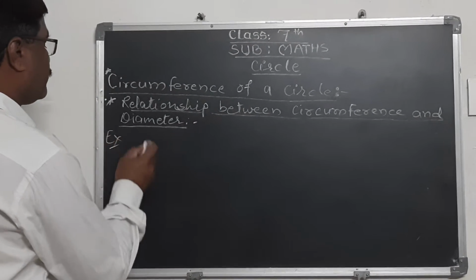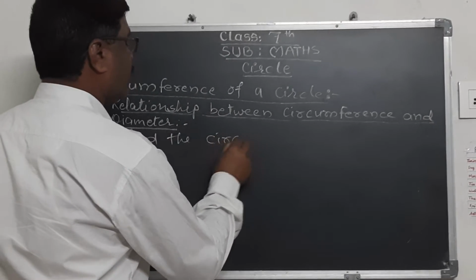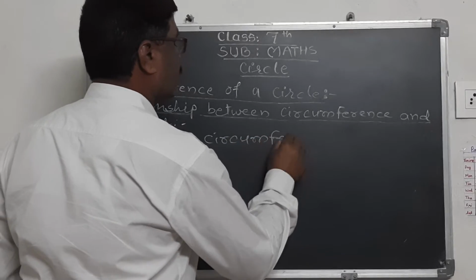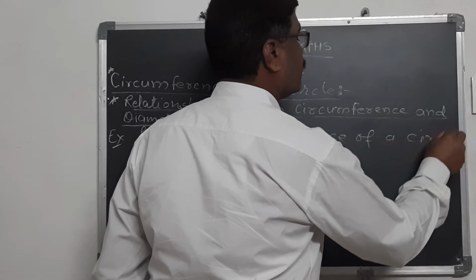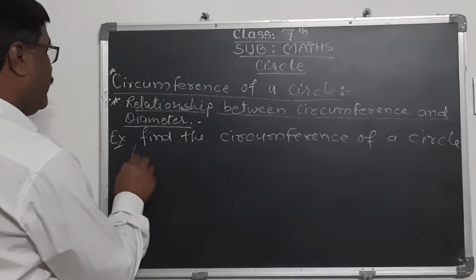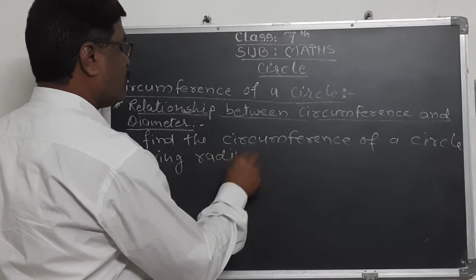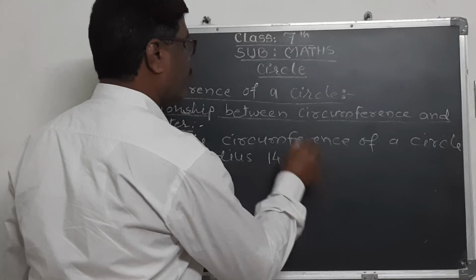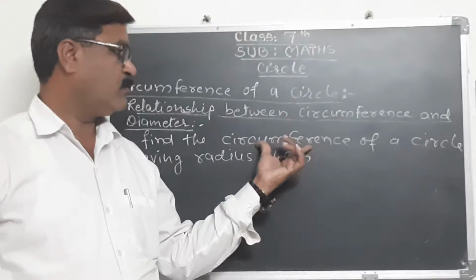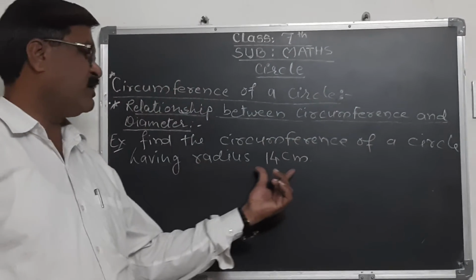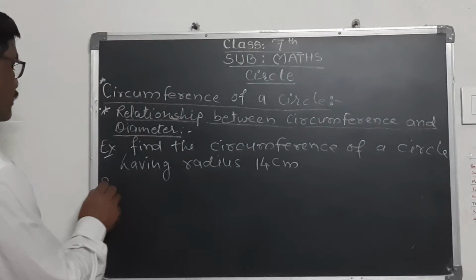Example: find the circumference of a circle having radius 14 centimeter. We have to calculate the circumference when the radius of the circle is 14 centimeter. Now, solution.